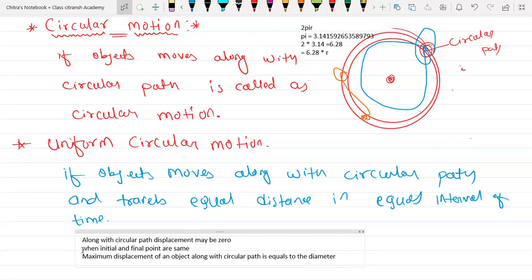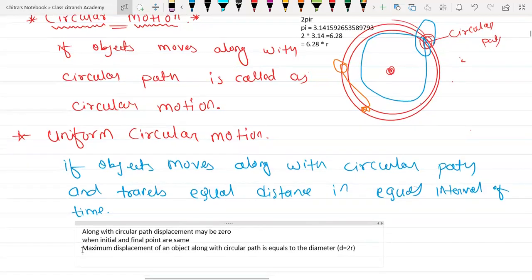Diameter, and diameter is represented by d, and d equals twice the radius. Any doubt here? No, sir.